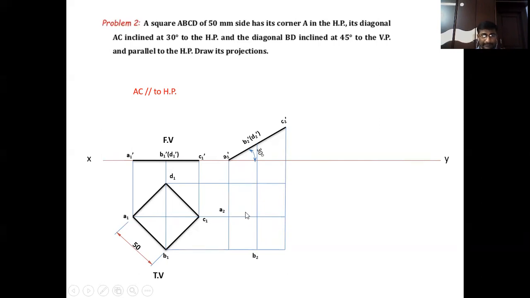Similarly, we will get the B2, the intersection point between the B2 dash projector and the B1 projector. And C2 is the similar point. We will get it from the projector coming from the C2 dash and the projector coming from the corresponding C1 line. This is the C2. And the D2 is the intersection point between the D2 dash line and the D1 line.